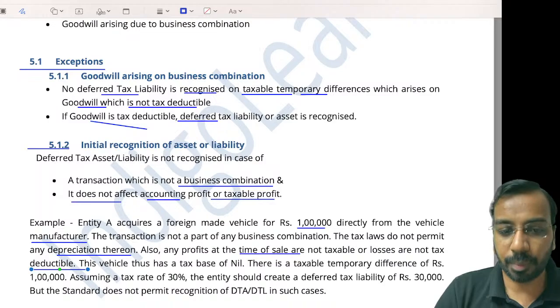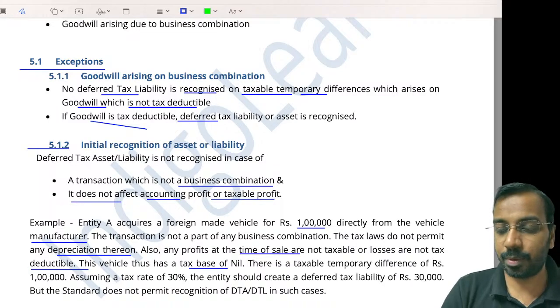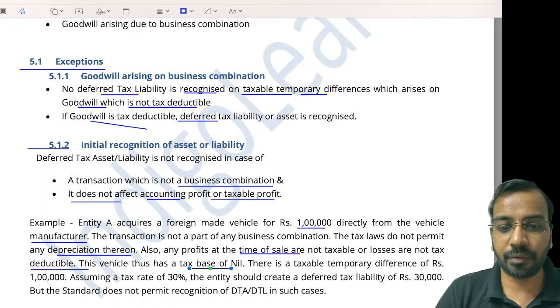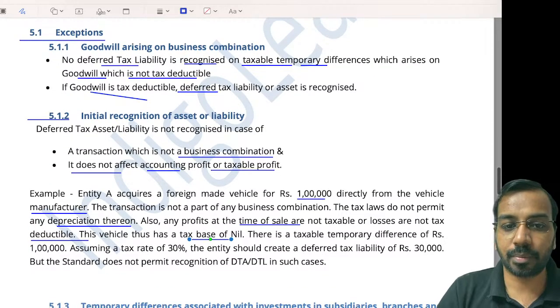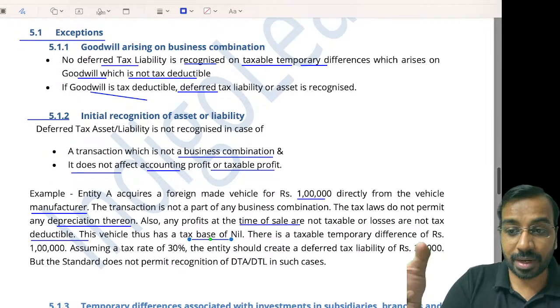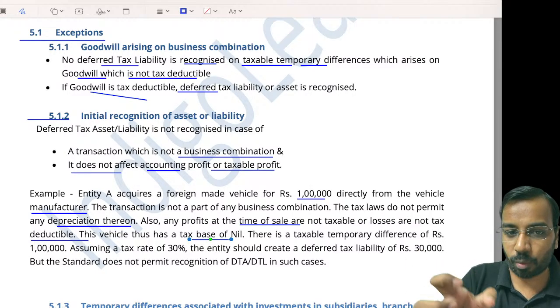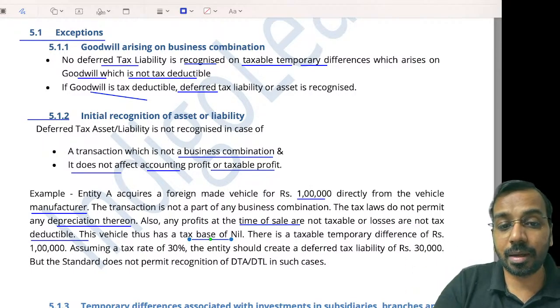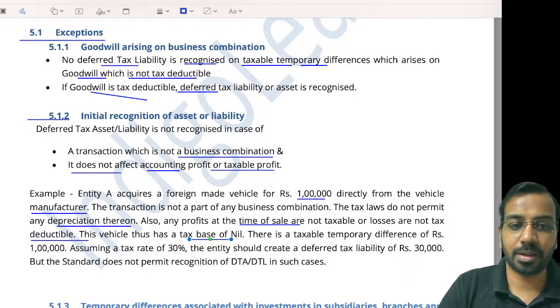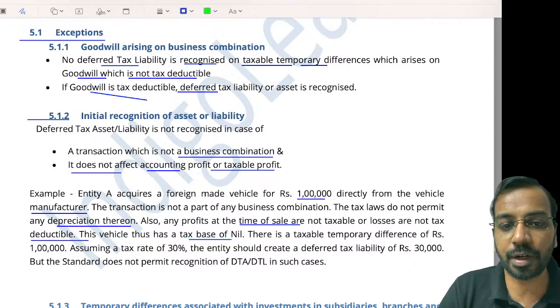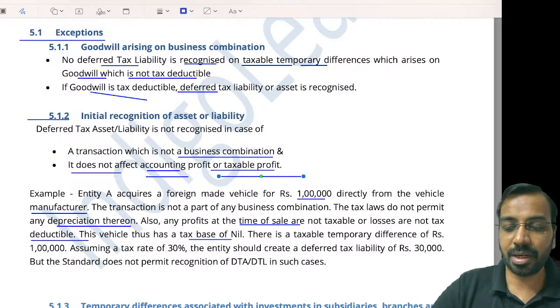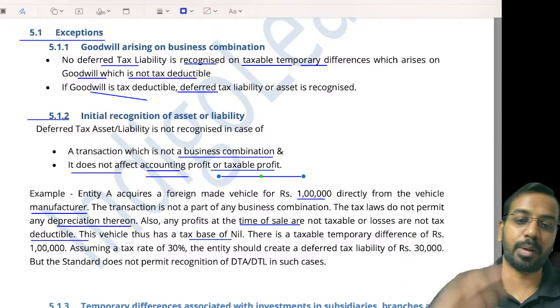Second, because there is no business impact, the tax base is nil because we will not get any deduction. However, the standard says, when I acquire an asset, that asset will not impact my taxable profit. So either it should not affect my accounting profit or taxable profit. Now here it does not affect my taxable profit.